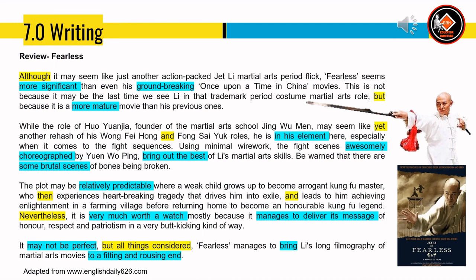While the role of Huo Yuanjia, founder of the martial arts school Jingwu Men, may seem like yet another rehash of his Wong Fei-hung and Fong Sai-yuk roles, he is in his element here, especially when it comes to the fight sequences. Using minimal wire work, the fight scenes, awesomely choreographed by Yuen Woo-ping, bring out the best of Li's martial arts skills. Be warned that there are some brutal scenes of bones being broken.